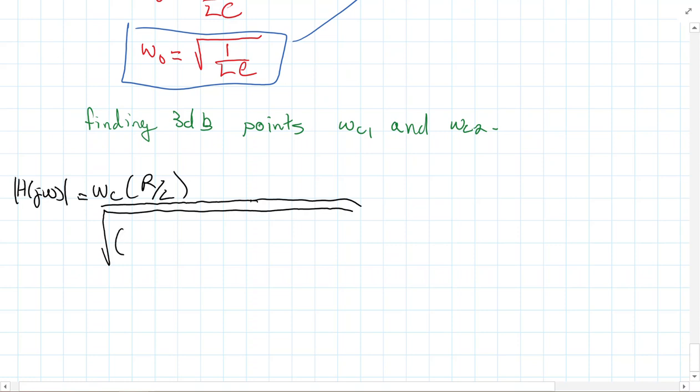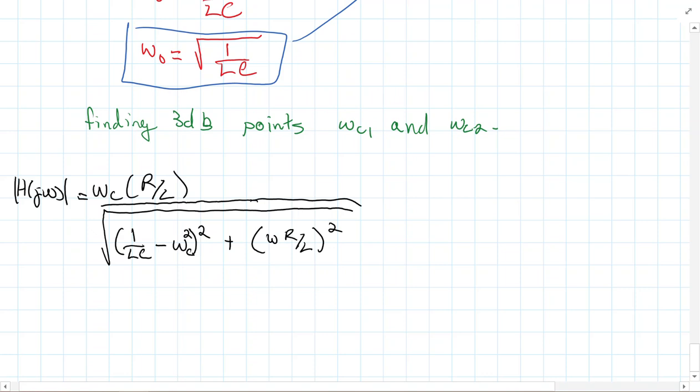So this would be 1 over LC minus omega c squared, and this is omega c squared there as well, plus omega r over L squared. That's what we'd have, and this is omega c.